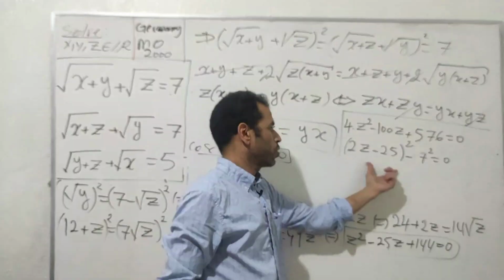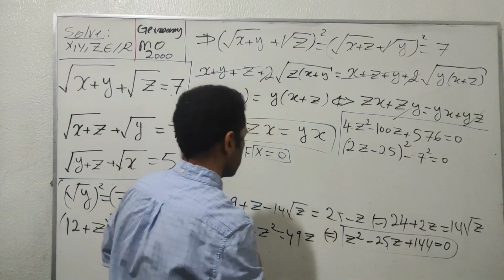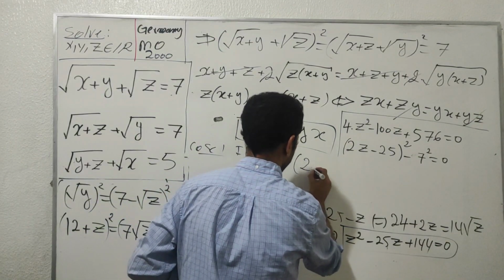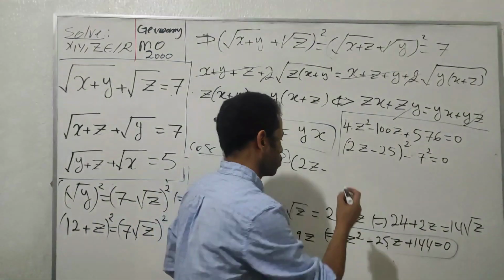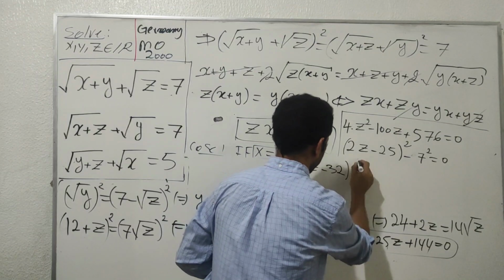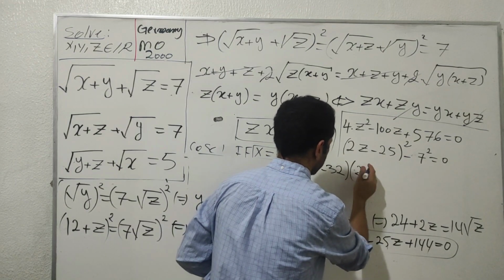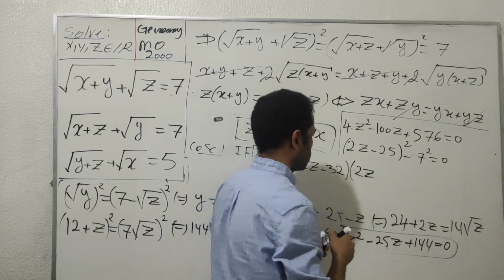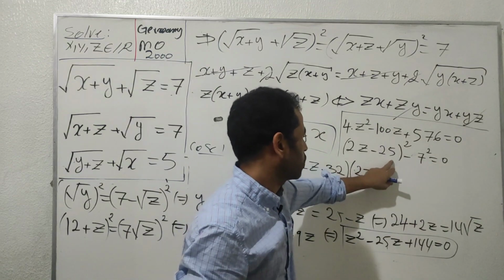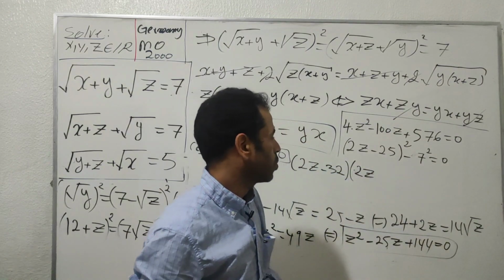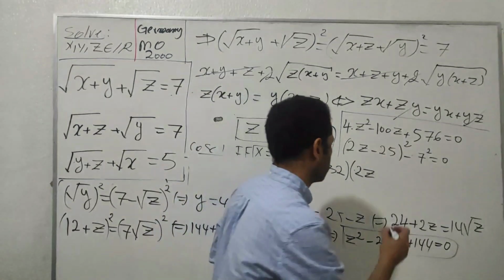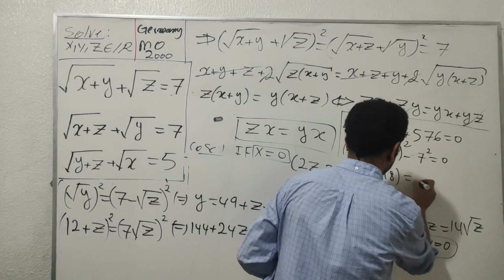By putting this in the form of a product, I get (2z minus 25 minus 7, which is minus 32) times (2z minus 25 plus 7, which is minus 18) equals 0.